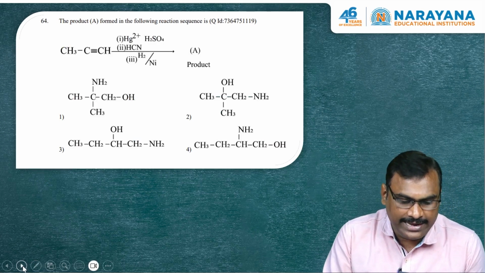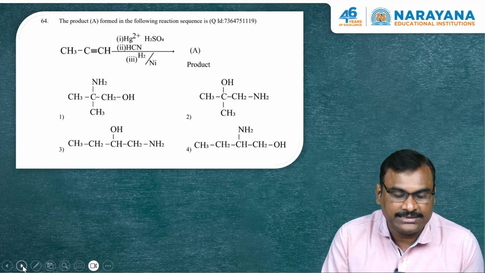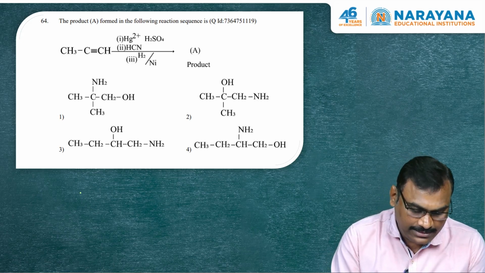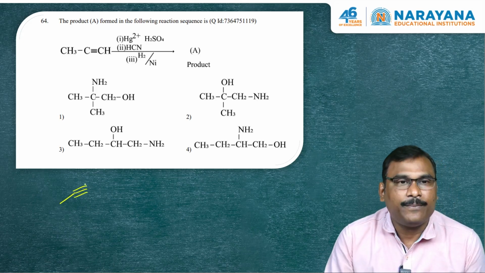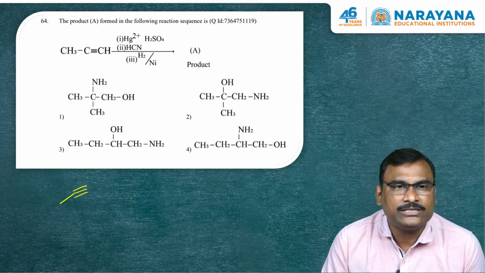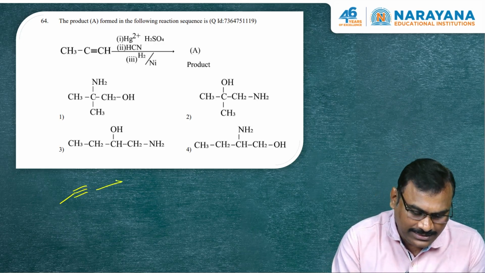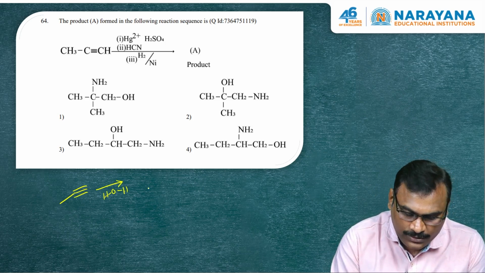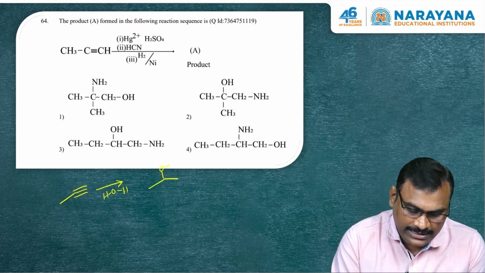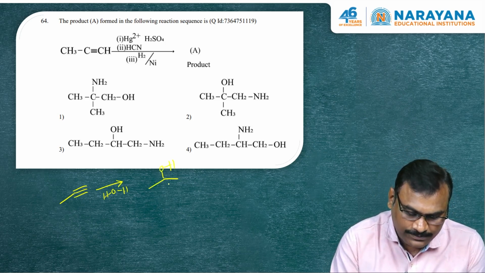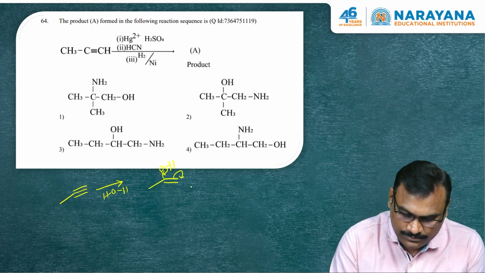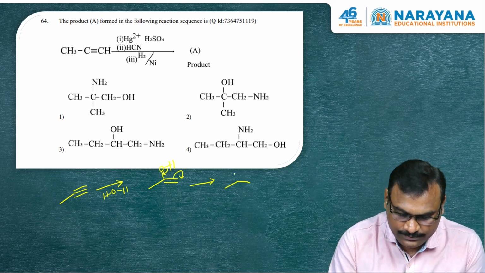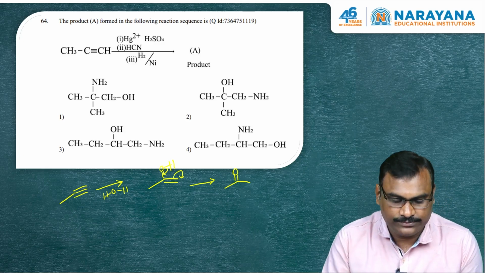The product A formed in the following reaction sequence is, here the given compound is propyne. Upon addition of Hg2+ and H2SO4, that means addition of water. Addition of water follows the Markovnikov rule, so OH adds at the more substituted carbon. After that it tautomerizes and produces acetone.